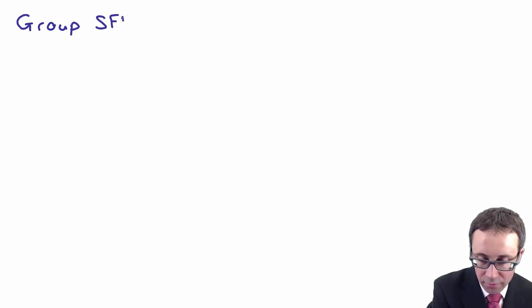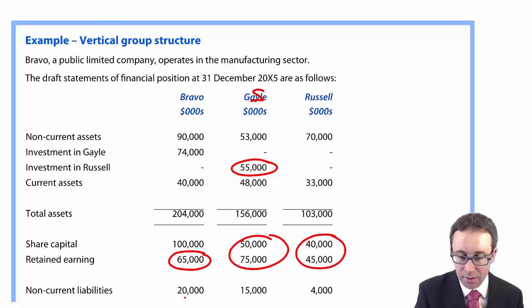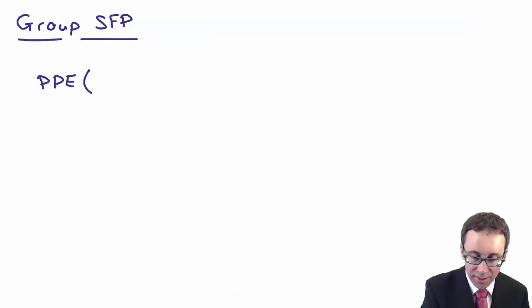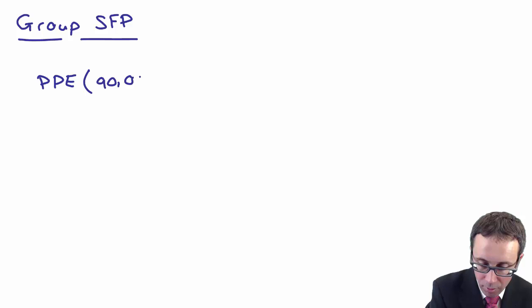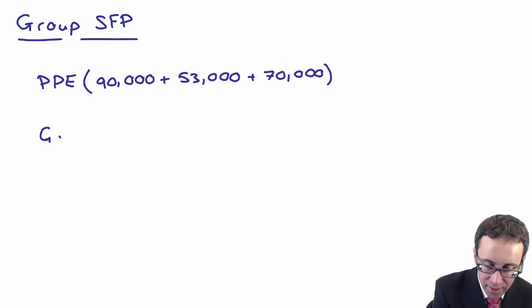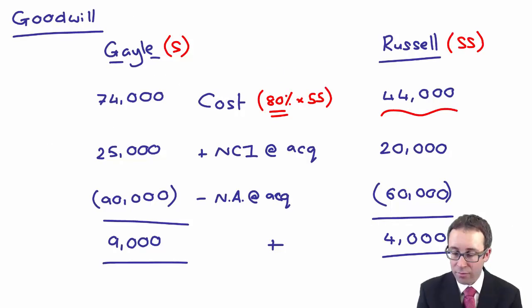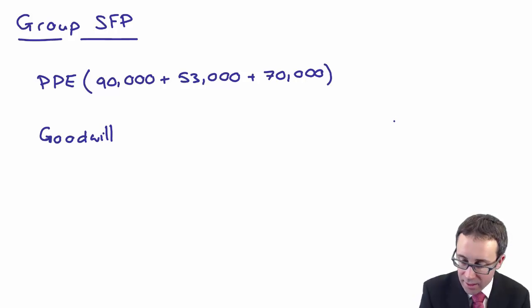let's just go through, finish it off, and look there at the group SFP. So we have there property, plant and equipment, 90, 53 and 70. We also have the Goodwill. The Goodwill figure we went through there, 9 and 4. So that there is 13,000.